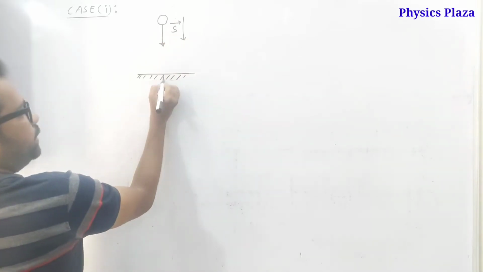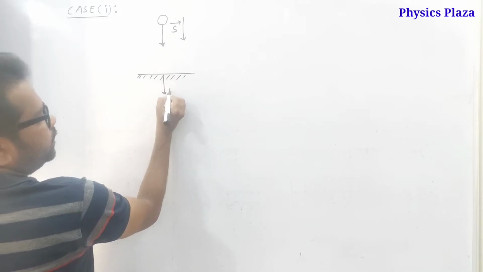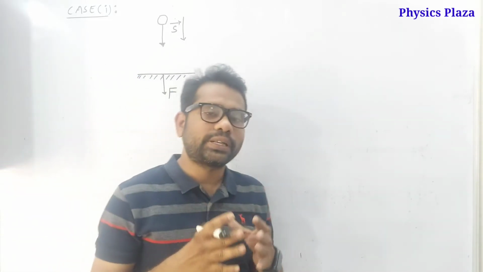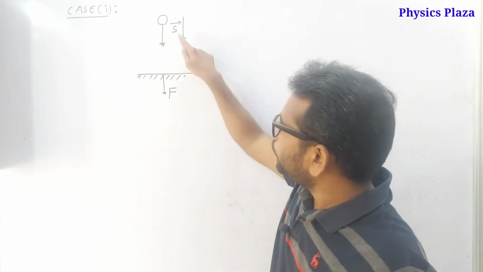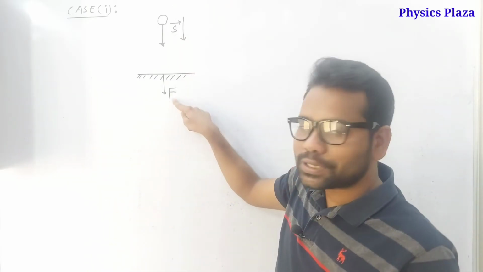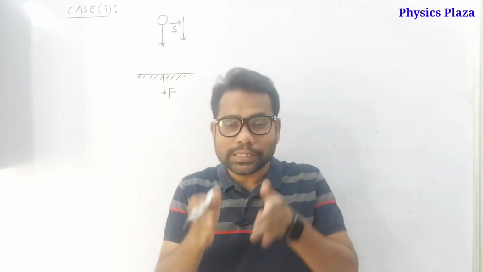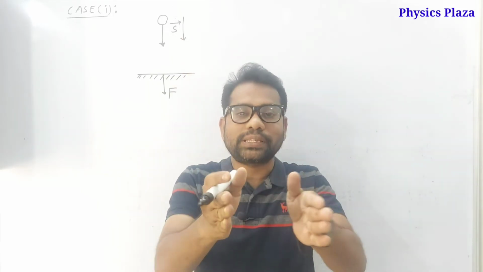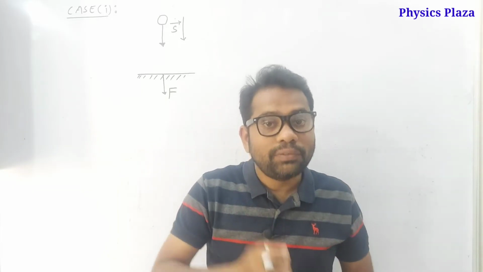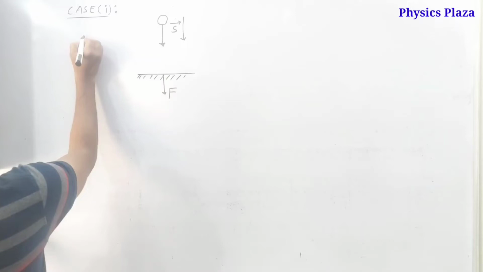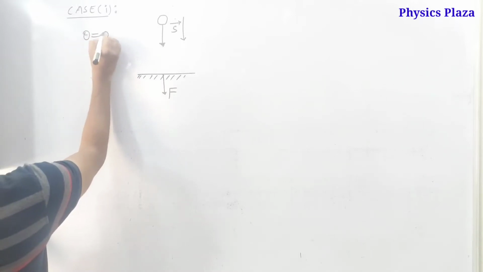Children, in which direction will the force of gravity be? Force of gravity will be downwards only. Now think once again: don't you think the body is displaced in the direction of force? Yes, of course. Displacement and force are both in the same direction. As both are in the same direction, what is the angle between force and displacement? It is 0. So in this case, theta is equal to 0 degrees.